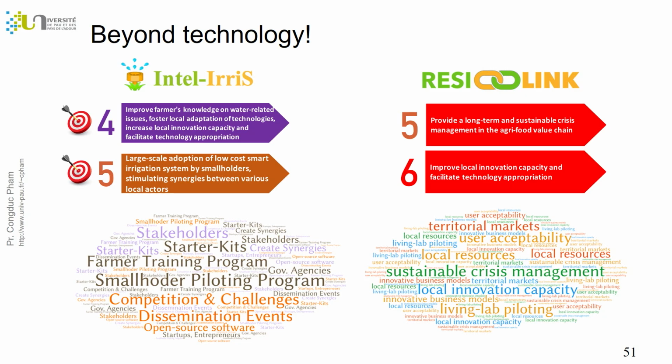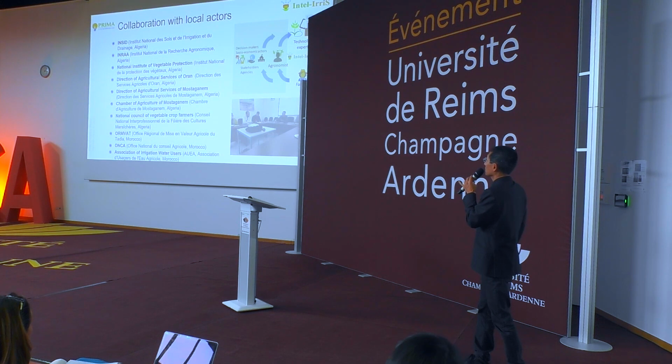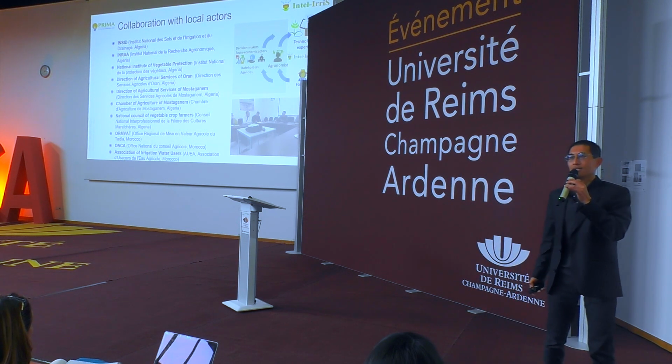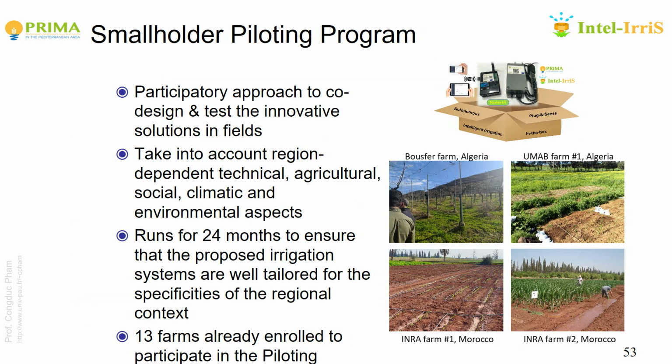And this is probably the feedback that I would give about these 2 projects. It was not easy to collaborate with the local actors. That's a lot of discussions, a lot of meetings, but we have to talk with all these local actors because they provide access to smallholders and they also provide the knowledge of what they actually need and whether our technologies are suitable to be deployed or not, okay?